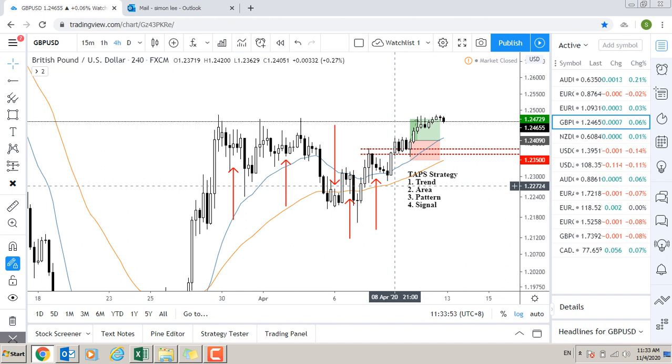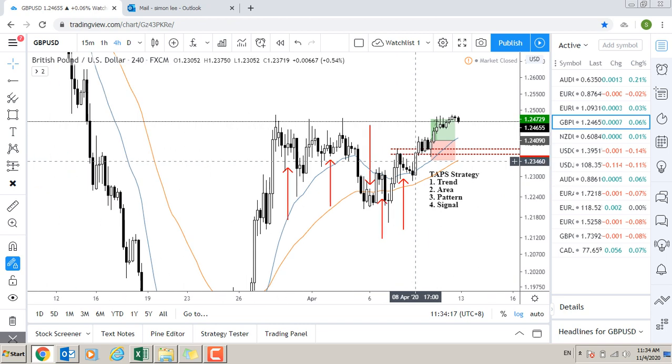So this is the challenge. Someday the trend line will look more accurate. Someday the horizontal line areas look more accurate than the trend line. And someday you look at the EMA, the price actually always bounces from the EMA.